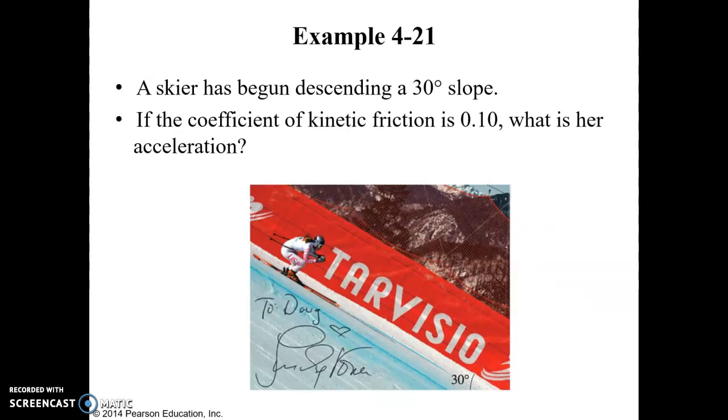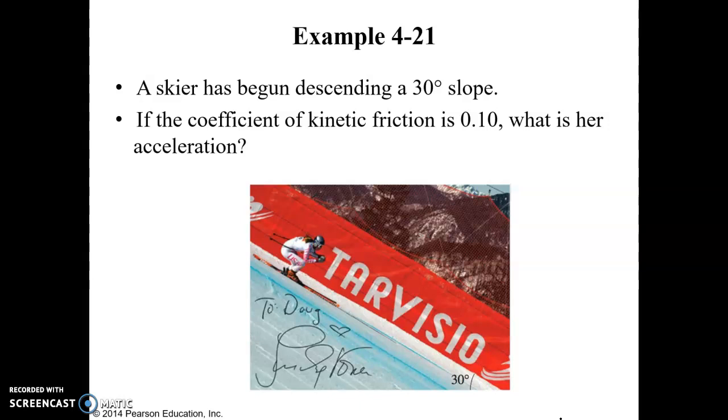If we look at this example problem here, we have a skier. Actually, if you look here at the autograph, I believe this is Lindsey Vonn, and it's written out to Doug. Doug is the author of the physics textbook.